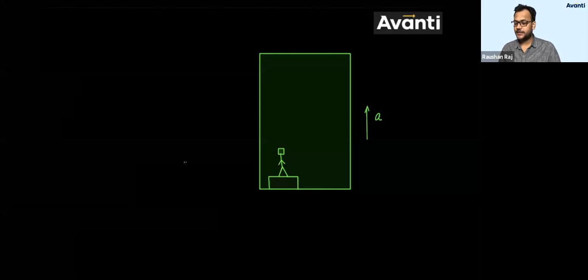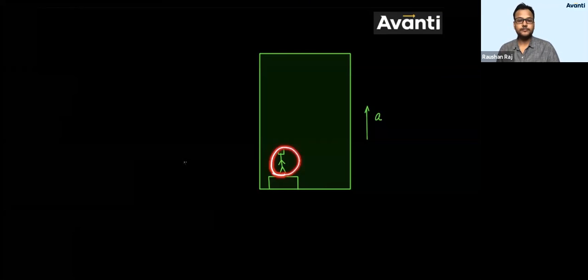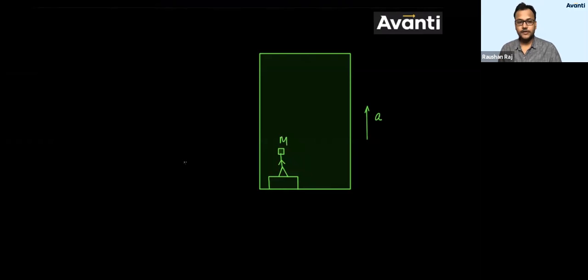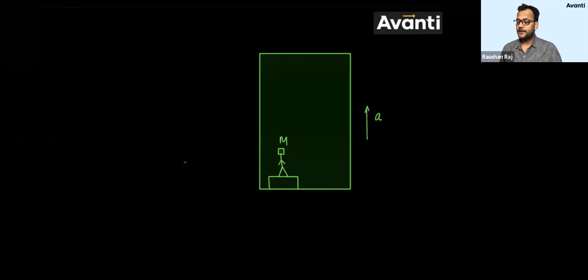If I ask you to find the weight of this man, the mass is m. How will you find the weight of this man? If I'm asking you to stand on a weighing machine, how will this weighing machine measure the mass?